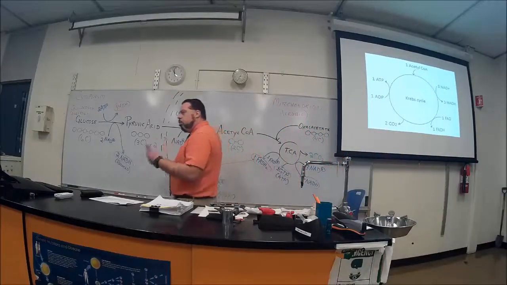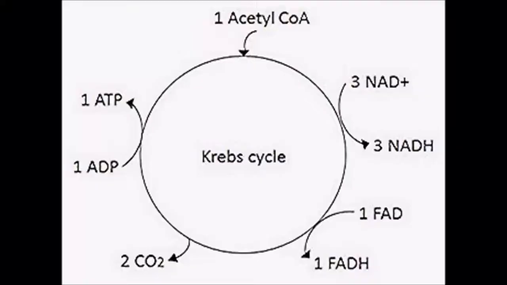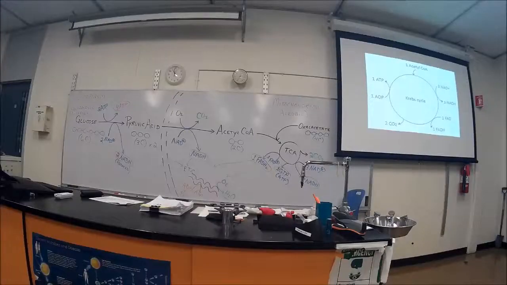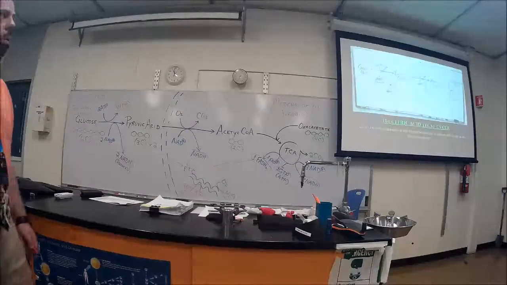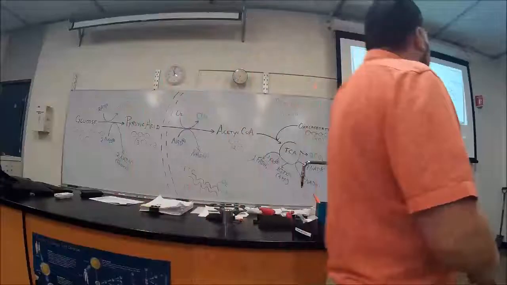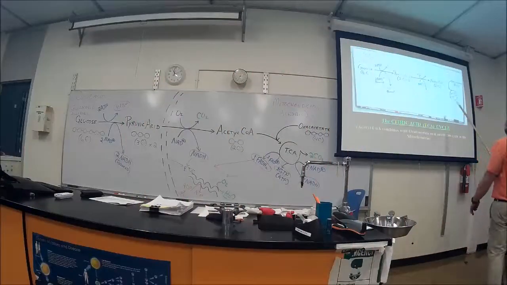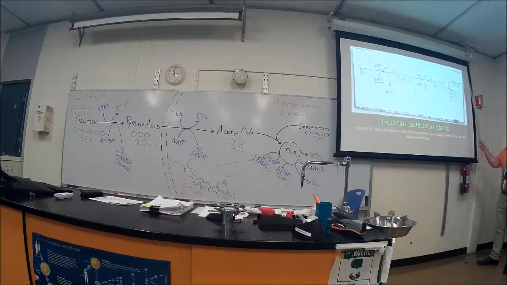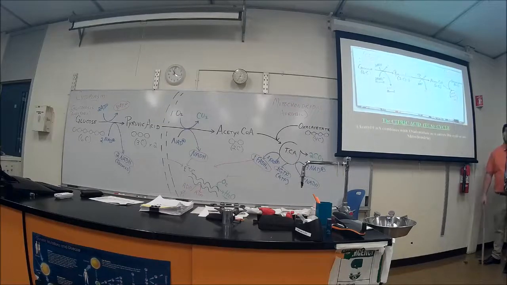But understand the big picture here. So you have the acetyl-CoA over here and the oxaloacetate over here entering this citric acid cycle, Krebs cycle.